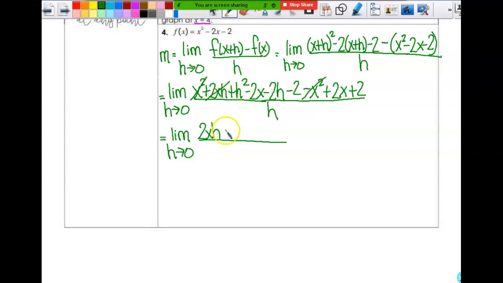H squared, I only have one h squared. Then I have a negative 2x and a positive 2x. Those zero out. I have a minus 2h. And then I have a negative 2 and a positive 2. Those zero out as well. So that's it for the numerator. Denominator is h.